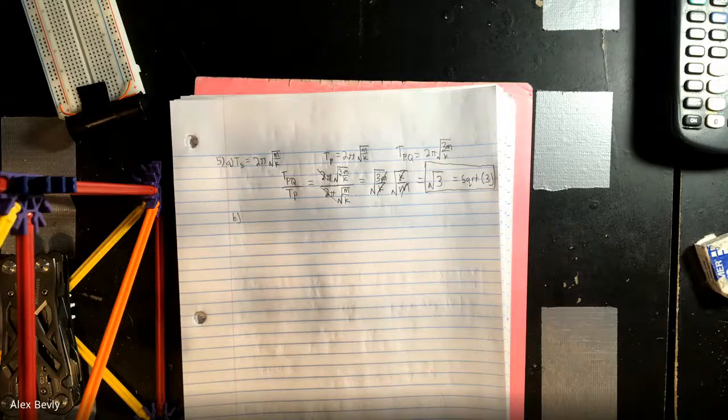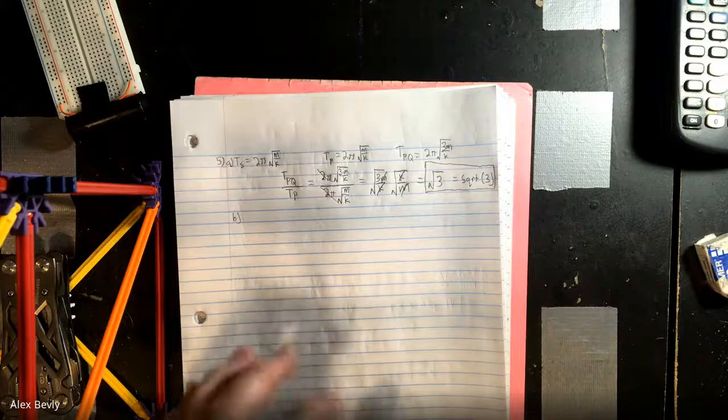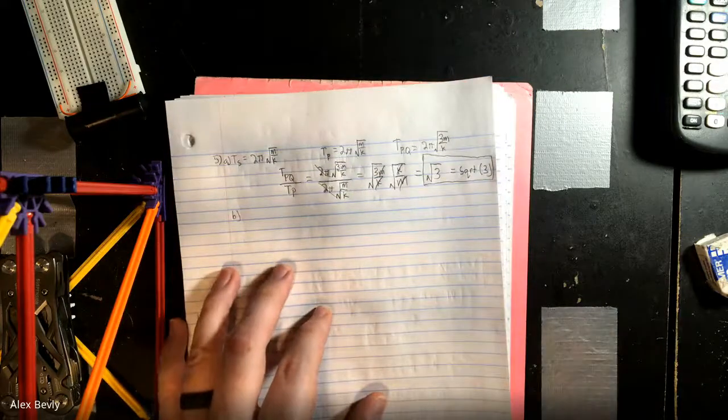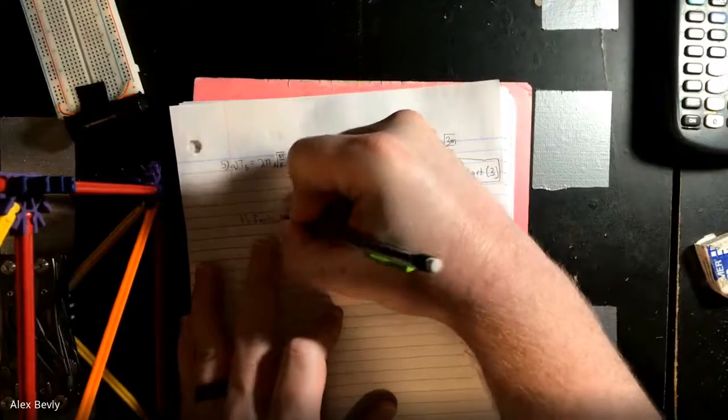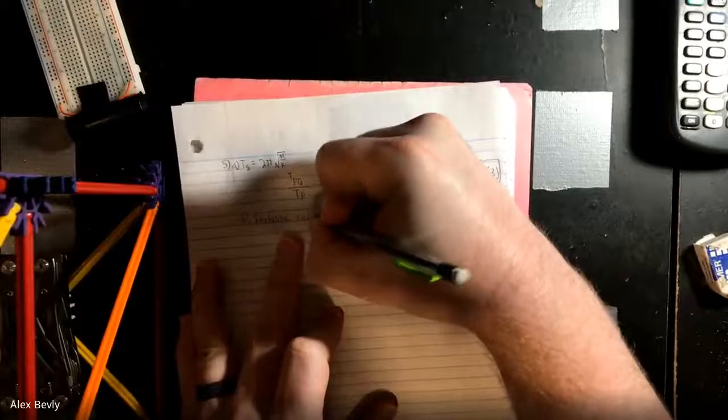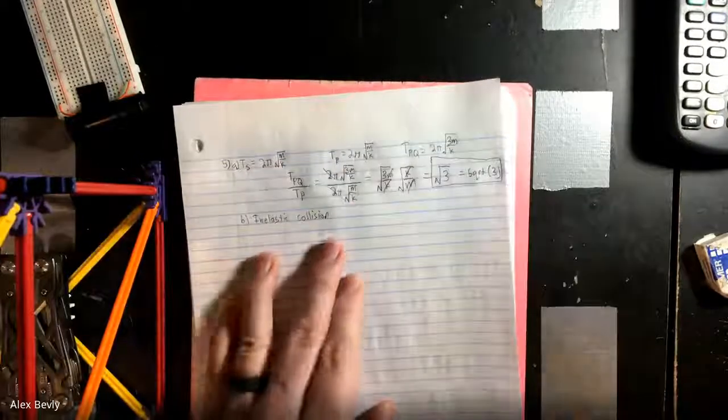What does momentum have to do with this? So those are right. So we're using energy and momentum here. That's exactly what we're doing. I'm going to start with momentum, though. What type of collision is this? So this is an inelastic collision. So that's where momentum comes in, is collision type.